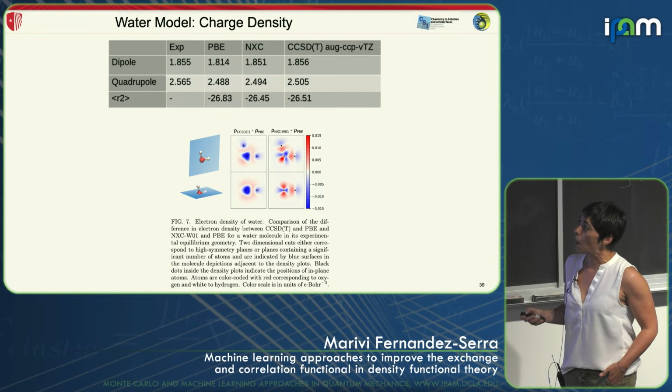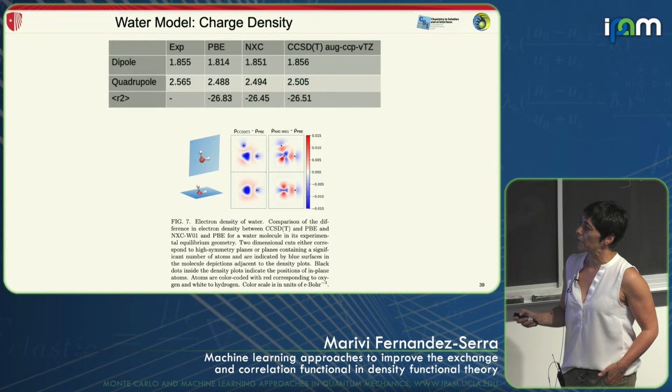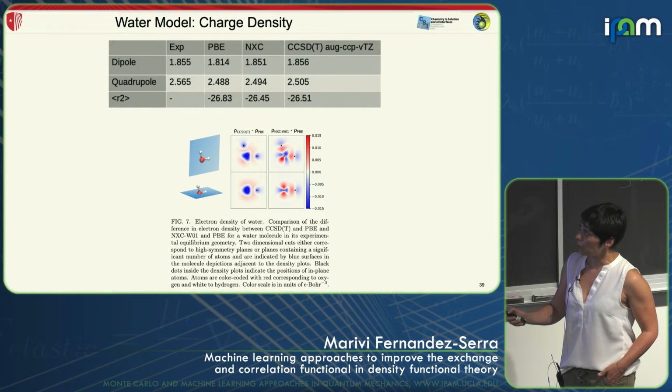So when you look at how we do, and this is just for the moments of the charge density distribution, we did improve with respect to PBE a little bit, but this is comparing changes in density on going from PBE to coupled cluster, and changes in density on going from PBE to NXC.